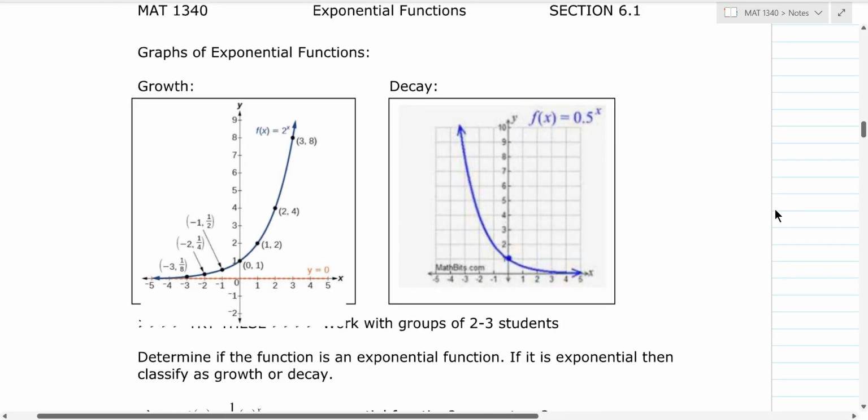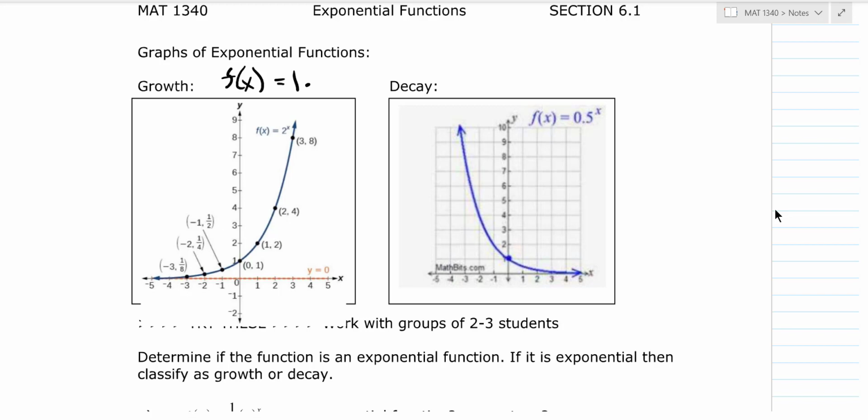So here's kind of how this looks. This is how graphs basically look. So this first graph on the next page is f of x. Technically, it's 1 times 2 to the x. One thing I want you to see is how these points go. You're just plugging in these x values.